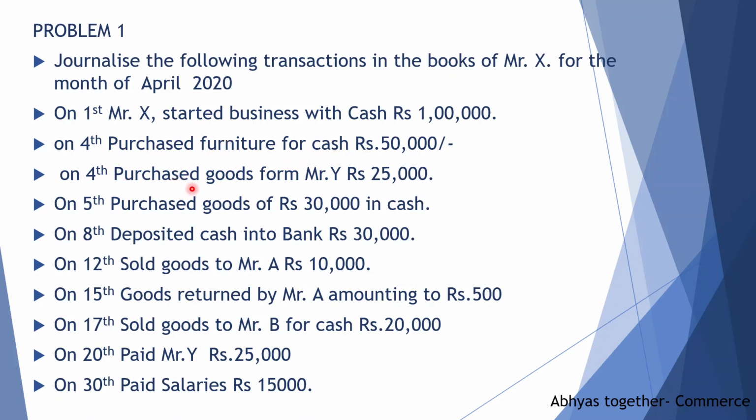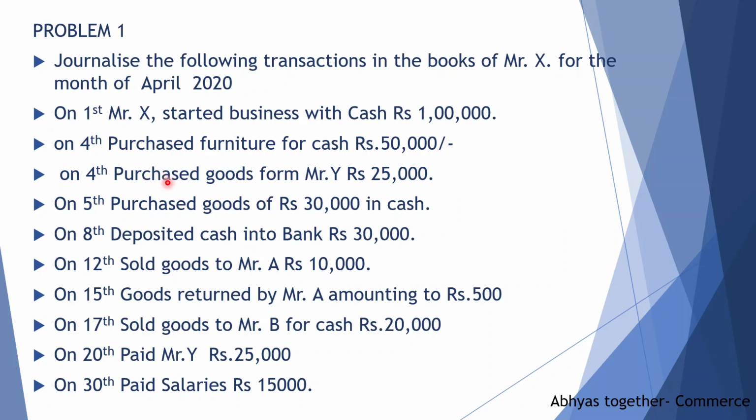Then on 4th, again he purchased goods from Mr. Y, 25,000. In this statement, he did not mention that he purchased it for cash. That means it's a credit transaction. Then on 5th, he purchased goods for rupees 30,000 in cash. Have you noticed the difference between these two sentences?